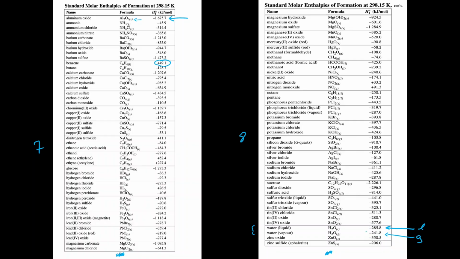If you think about what's happening though, this is a formation reaction. So when we're making liquid water, we release more energy. Liquid water is at a lower energy state. When we make water vapor, it is higher energy. So it's actually going to give off less energy, 241.8 kilojoules per mole.